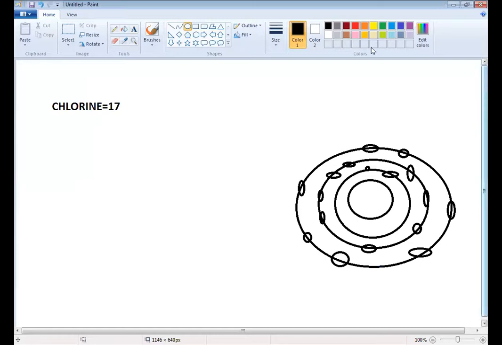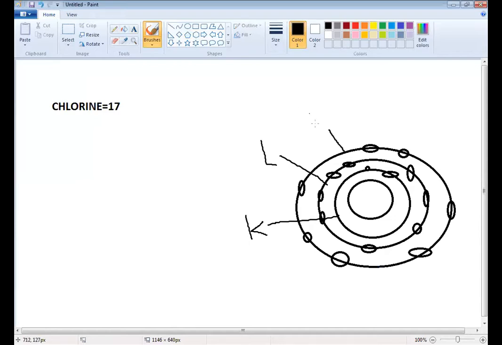Now, this is the K shell. How many electrons are present? Only 2 electrons. And in the L shell, how many electrons are present? 8. 2 and 8, 10.